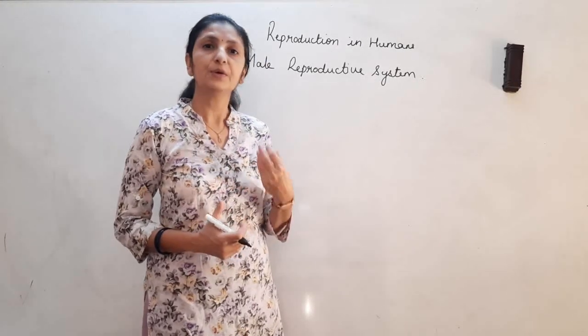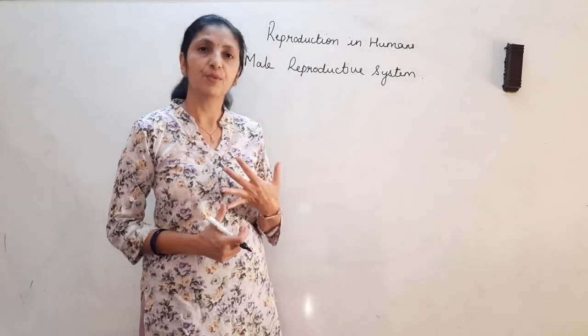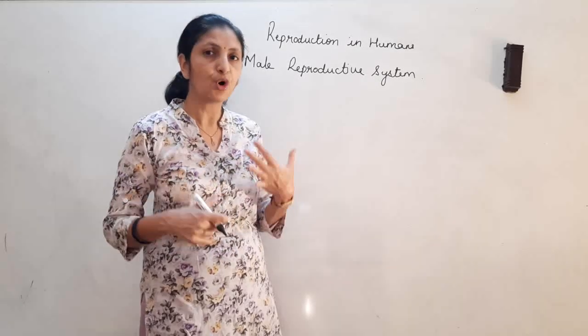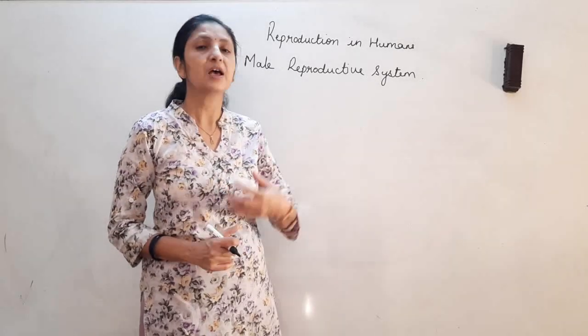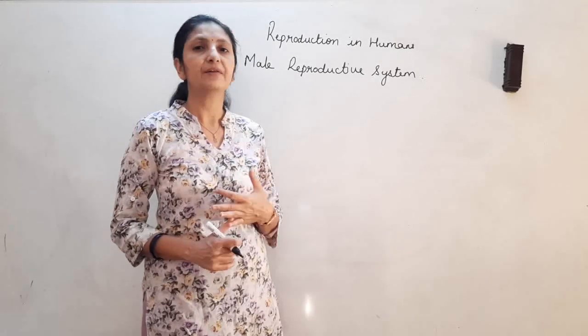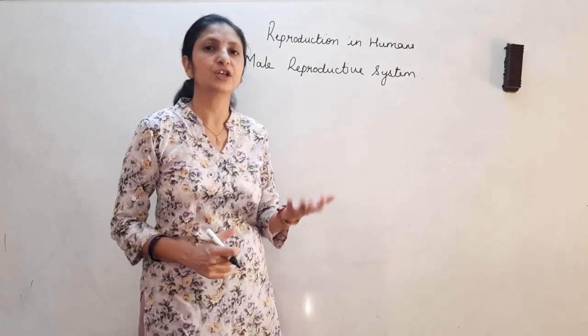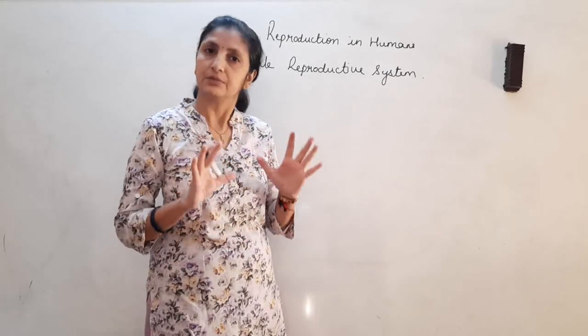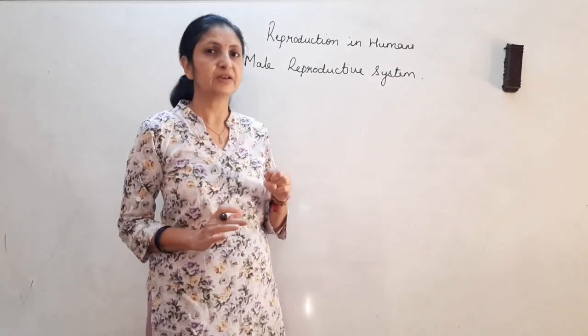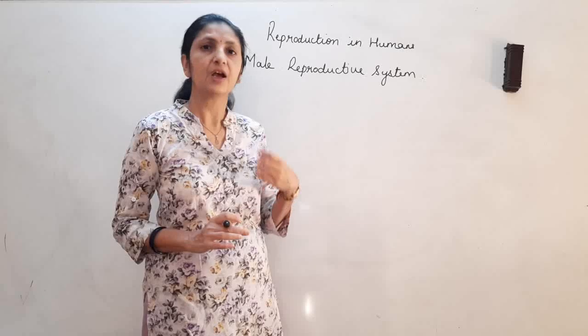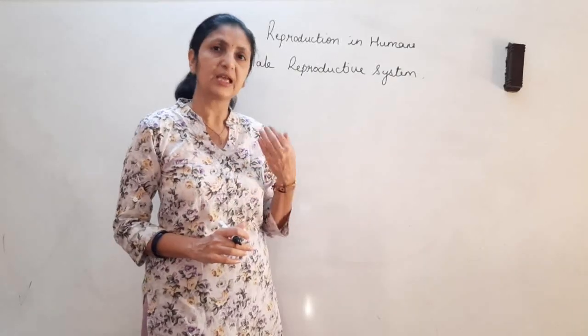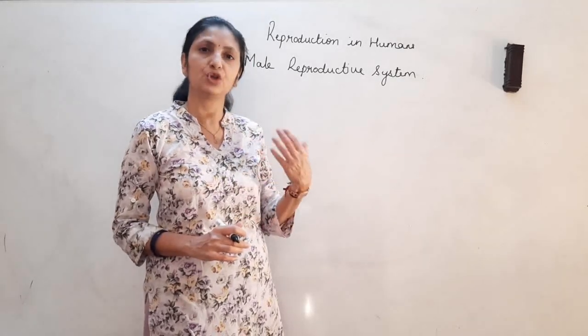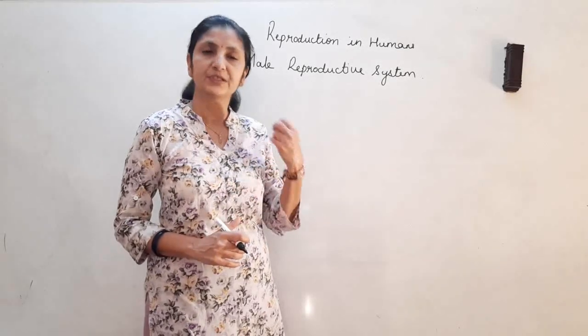The human being, when a child is born, it is born with the reproductive organs, but they are not actually functional. The reproductive system है वहाँ पे, in the body reproductive system is present, but वो functioning एक later age पे, थोड़ा सा maturity पे start करता है.